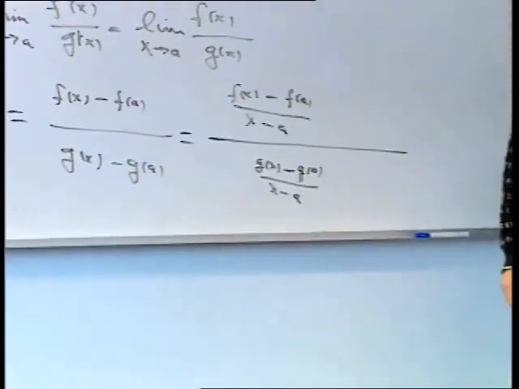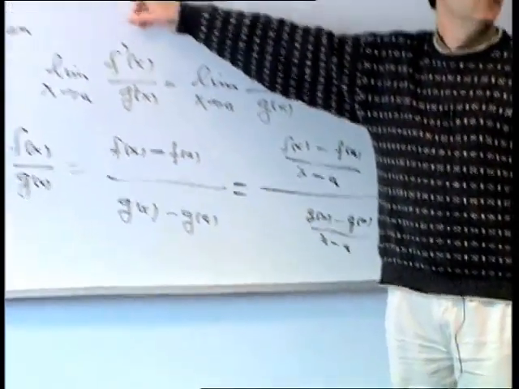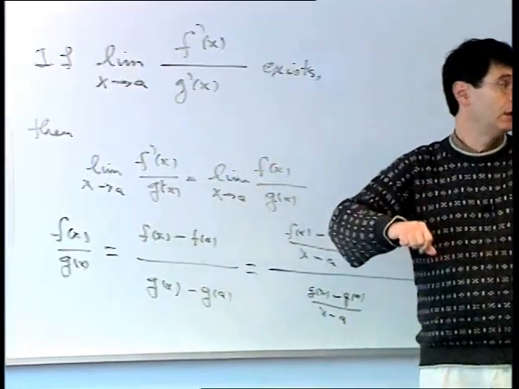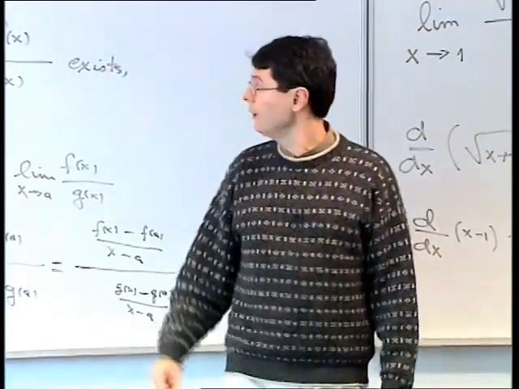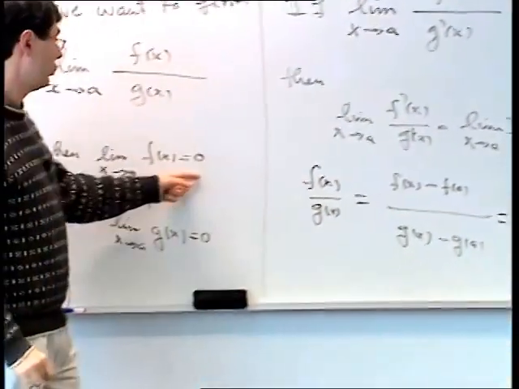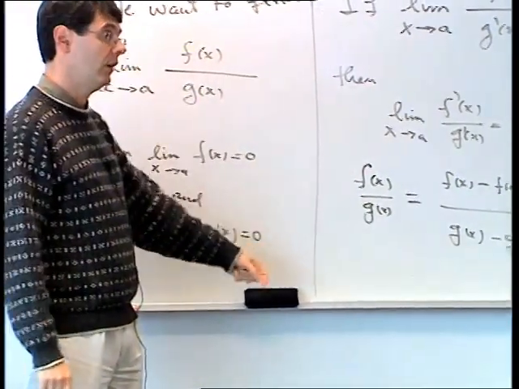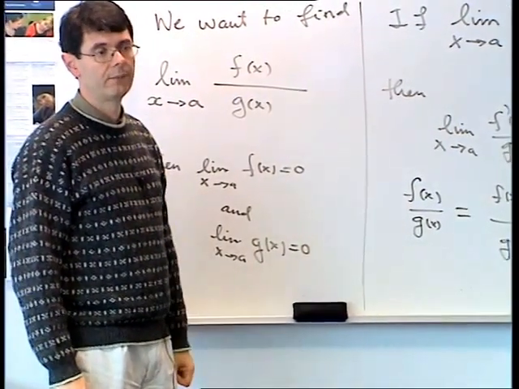We have good news, too. If you substitute a by, say, infinity, limit when x goes to infinity, the result works. If the numerator is not going to 0 but to infinity, and the denominator is also going to infinity, so it's infinity divided by infinity, it also works.